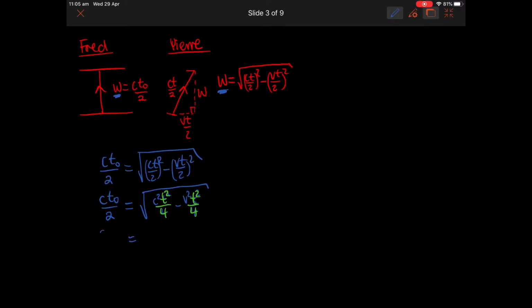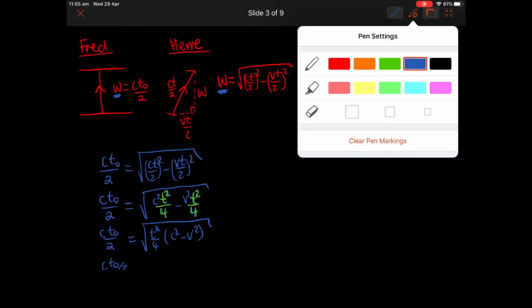So we're going to take that out the front. Okay, so working that right-hand side still, T squared on 4 outside of C squared minus V squared, all under the square root sign. We can now apply our third rules here, okay?